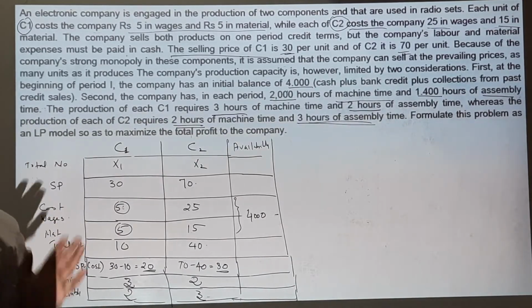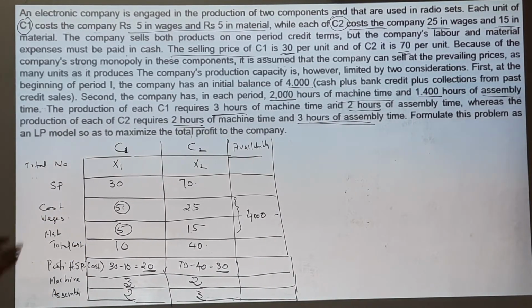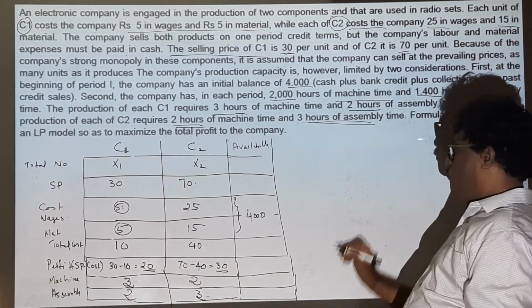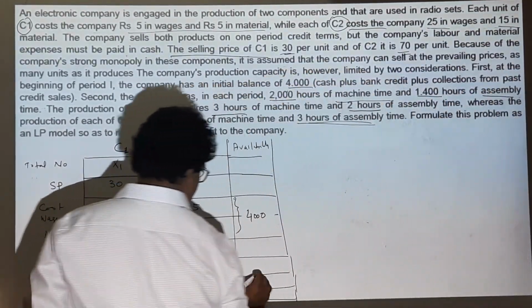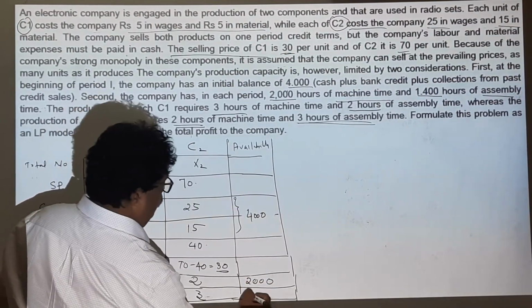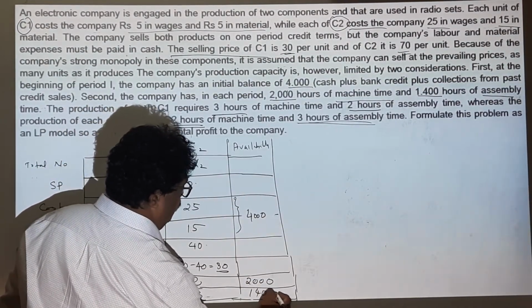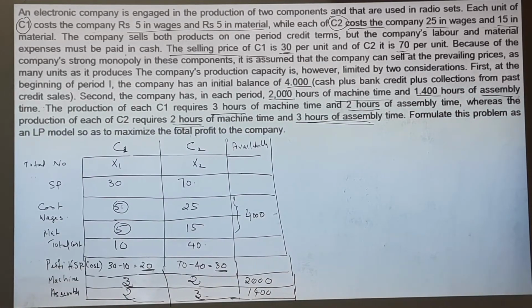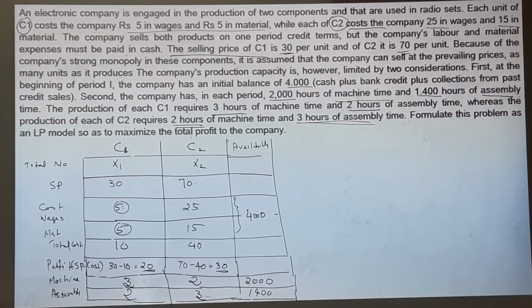Agree with me? And the total available time is also given. What is the available time? 2000 hours of machine time and 1400 hours of assembly time.